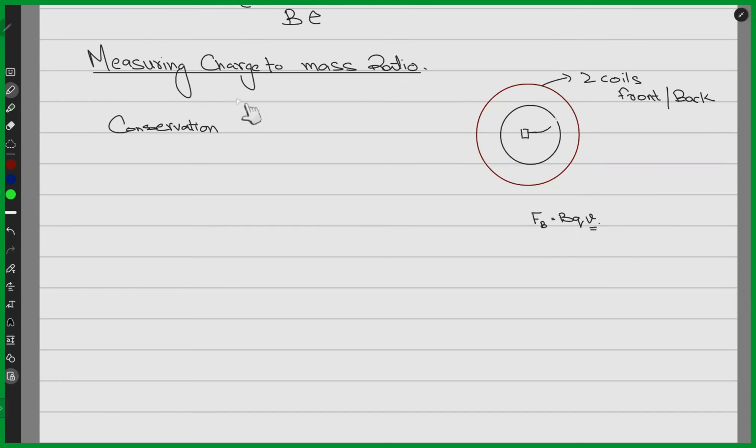Okay, so we'll recall our conservation of energy principle. According to the conservation of energy, when I have electrons in there, there is some electric field, and that electric field is doing some work to provide the kinetic energy to these electrons, right?